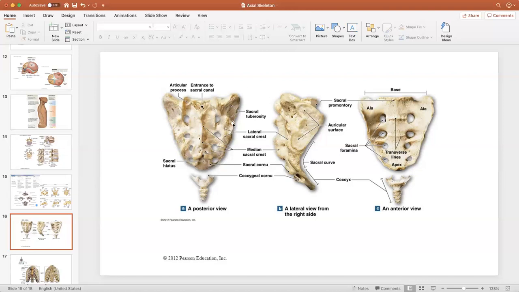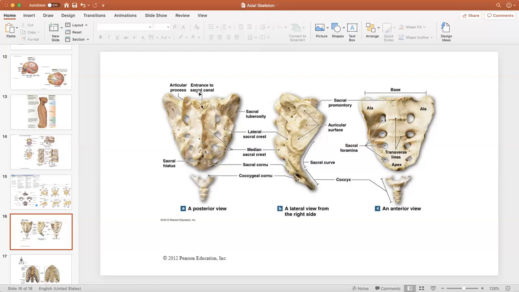On the back side of the articular surfaces, we have the sacral tuberosities. And then we have the medial crest in here, and the lateral sacral crest on either side here.